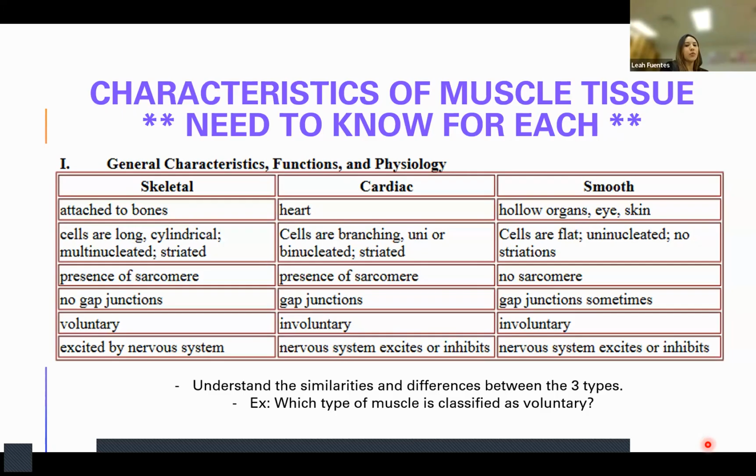Or it can also be asked which of the 3 muscle tissues are classified as involuntary: cardiac and smooth. So you just need to understand the difference between the three. The general characteristics, functions, and physiology. Another thing would be that gap junctions are not present in skeletal. They're sometimes present in smooth, but they are present in the cardiac.